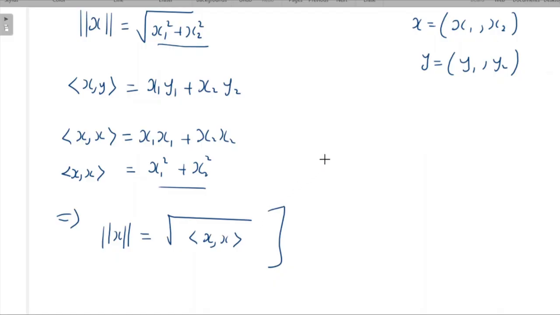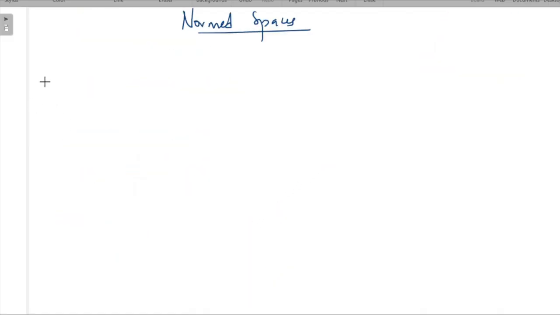Now let's define a norm. Recall that if you are defining anything here, you must consider a vector space, because whatever we are doing is built on the vector space.